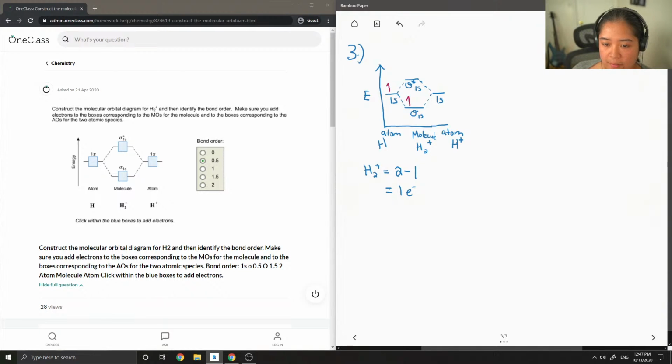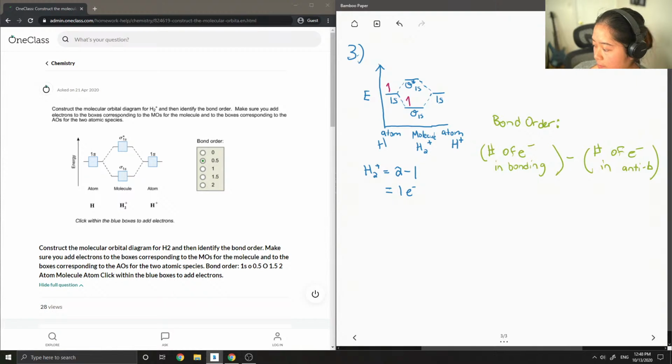So the next part of the question says to calculate bond order. So I'm just going to write down this equation for bond order. This is the number of electrons in the bonding minus the number of electrons in the anti-bonding, all of that divided by 2.